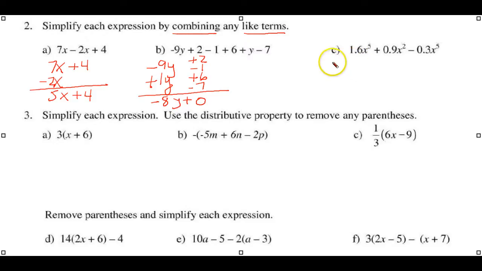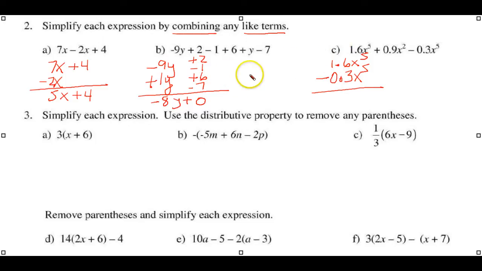Now for something like this, you have a 1.6 x to the fifth and a negative 0.3 x to the fifth. And if you're noticing, when we combine like terms, we only deal with the numerical coefficients.